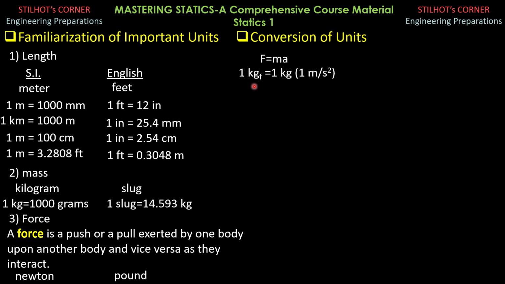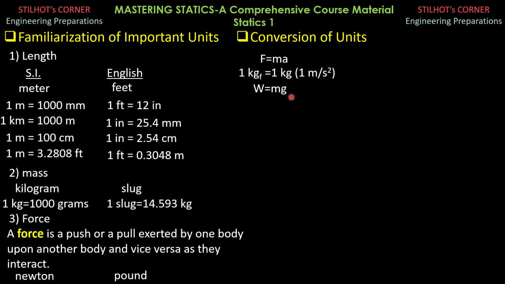Also, weight, which is force, is equal to mass times the pull of gravity, which is g, the acceleration. And for weight, if the mass is 1 kilogram, then the accurate value of g is 9.807 meters per second square.